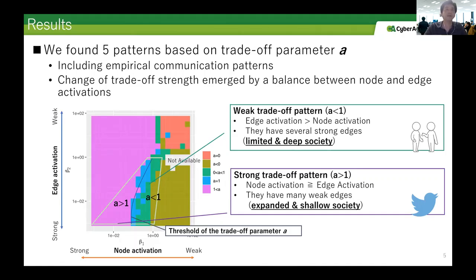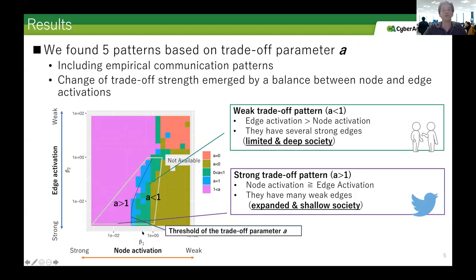In this area, the trade-off parameter A changed from A smaller than 1 to A larger than 1, depending on the strength of node activation and strong edge activation.